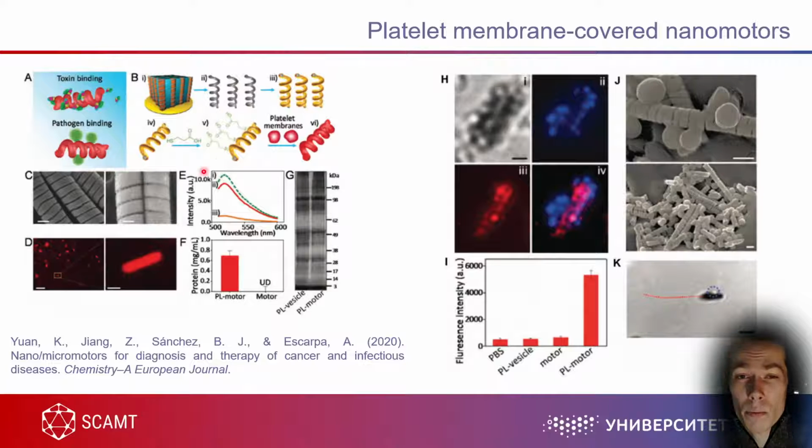As it seems to me, this mostly looks like a toy still, because it's just a very nice state-of-the-art formulation, some spiral coated in platelet membrane, and I do not believe that this can really be implemented to eliminate some bacteria from our blood, because it will be very hard to eliminate these nanomotors from our blood, from our liver, kidney, and so on. Well, maybe it will find some application in some fields, but not in bioapplication, medical application.